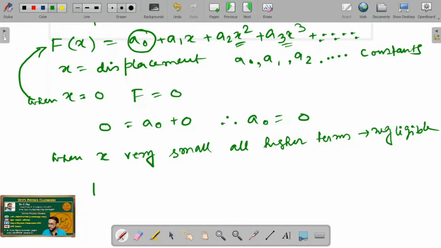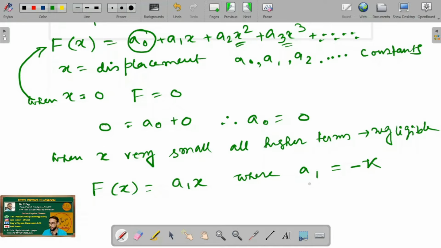So in that case, we can write the restoring force F(x) equals a1 into x, where this constant a1 we can write as minus k, as the direction of the restoring force is opposite to the direction of the displacement.